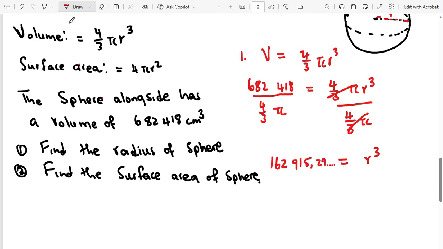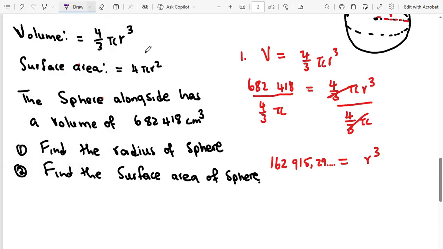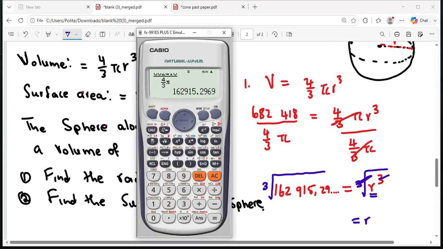Then this is where everything starts to get more interesting, as we are about to make r the subject of the formula. How can you do that? Find the cube root on both sides, so that this part will cancel that 3, and on the other side you're left with r. Let me show you how to do this on the calculator.